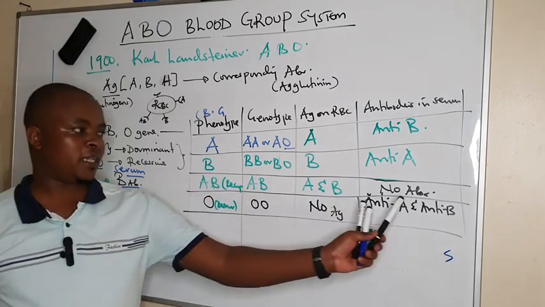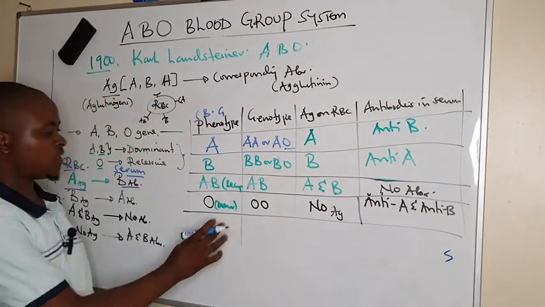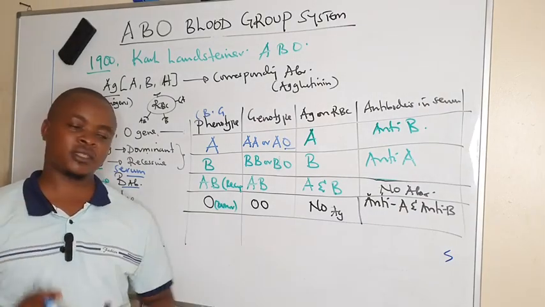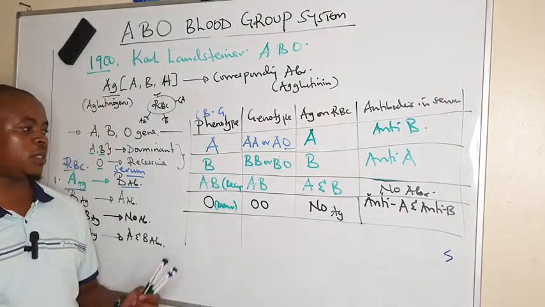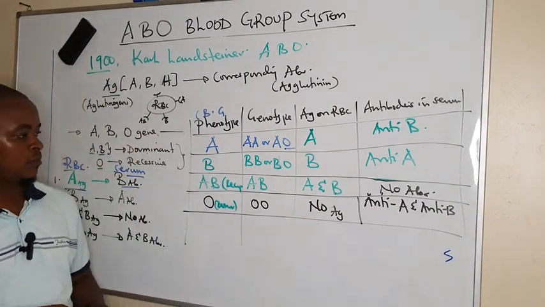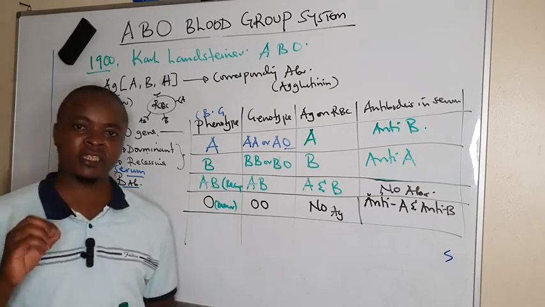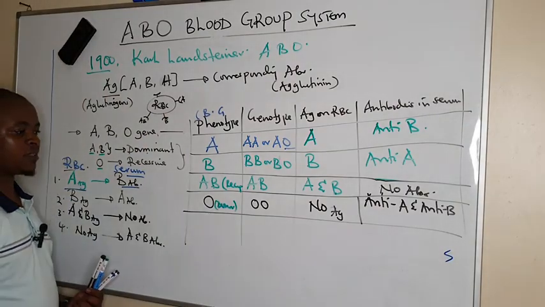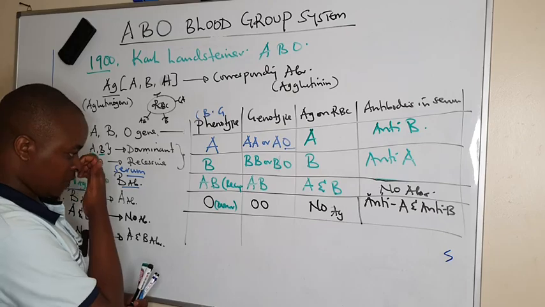Why? Because they lack antibodies in the serum. And O is a universal donor because they have no antigens on the surface of the red cells. So these ones can donate to everyone, especially the O negative rhesus. But because we haven't talked about rhesus factor, here it remains a universal donor.